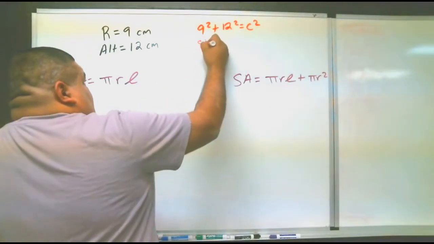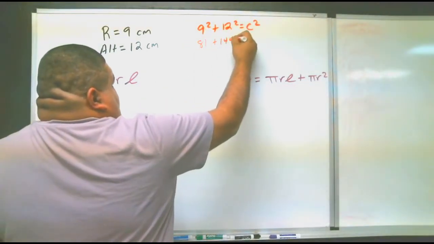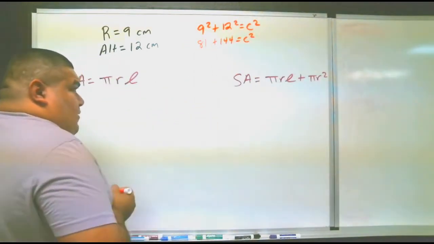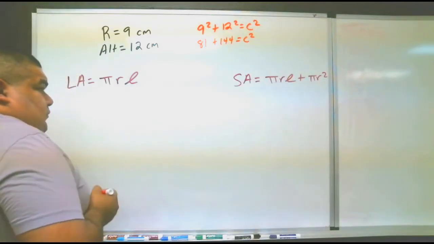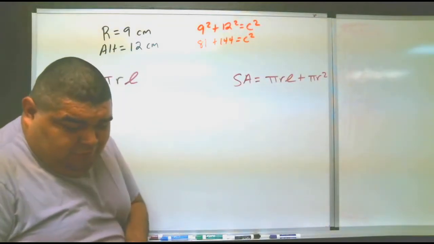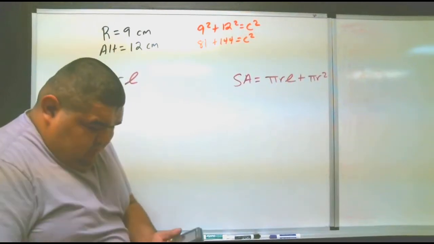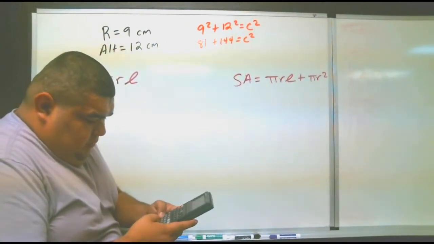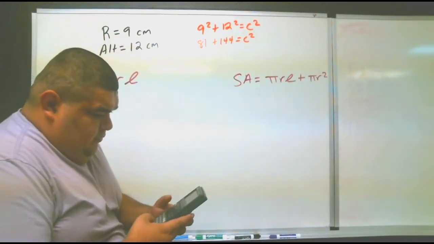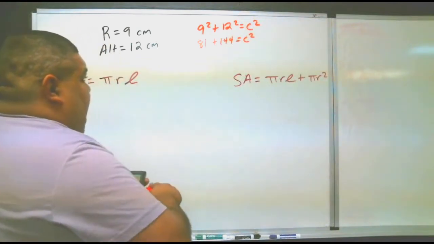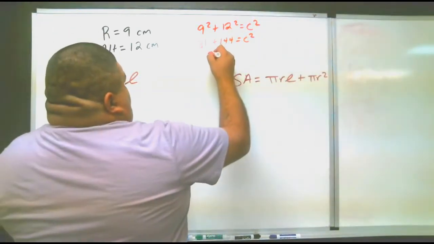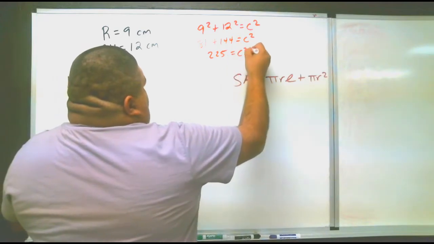9 times 9 is 81, plus 144 equals c squared. 81 plus 144 equals 225. So 225 equals c squared.